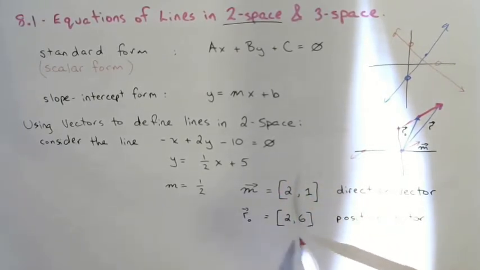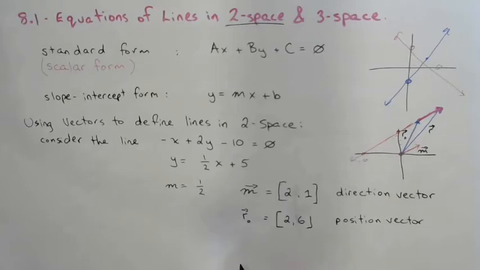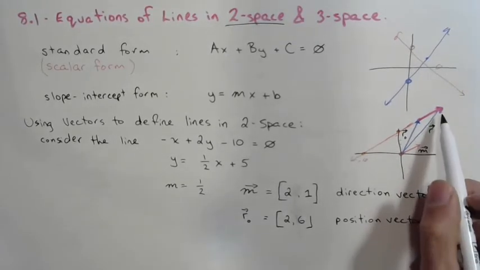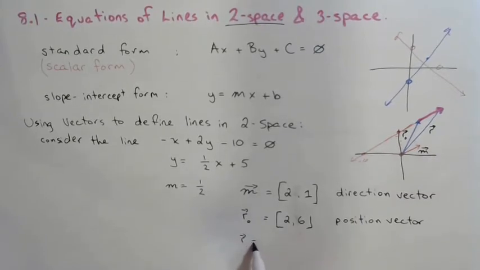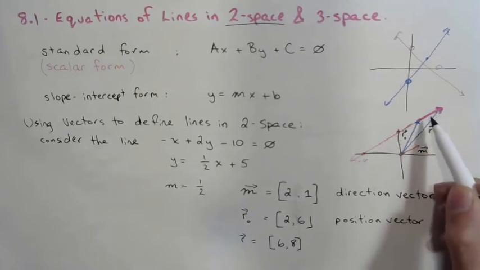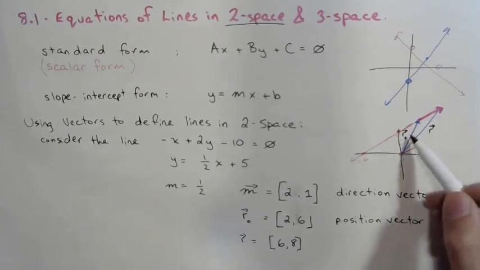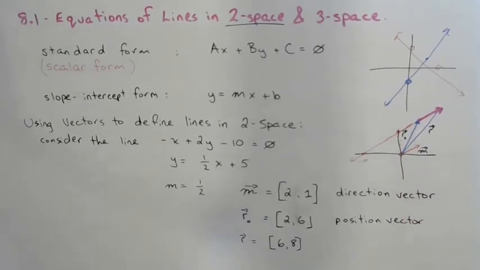But now this point isn't enough to give us that specific vector. So we're going to figure out how r comes into play. So I know that another point on the line that can be represented by position vector r can be represented by position vector 6, 8. Okay, this is a second position vector, and this pink vector closes the triangle between r and r naught and is parallel to the vector m, our direction vector.